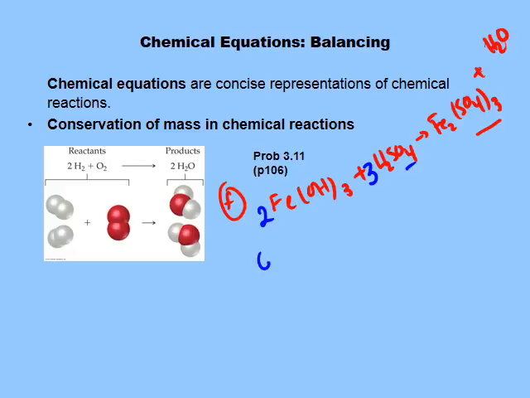So 6 oxygen, 6 hydrogen. Make sure you know that 2 times 3, that makes 6. And in parentheses we have OH. That means each of those elements will be multiplied by 3. And 2 Fe, we already checked that, 2 Fe. So 2 Fe checks out. Sulfate also checks out, 3 and 3, so I'm going to ignore those.